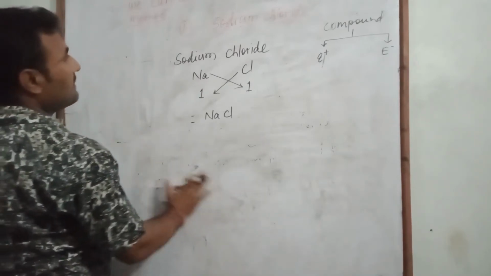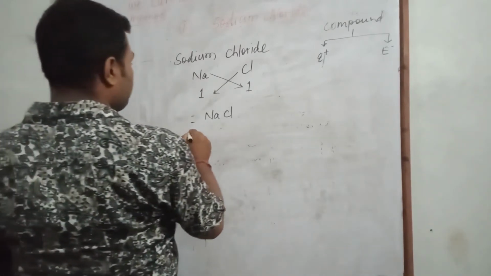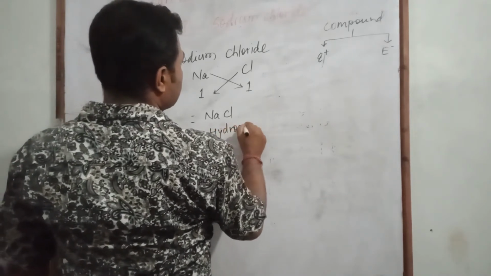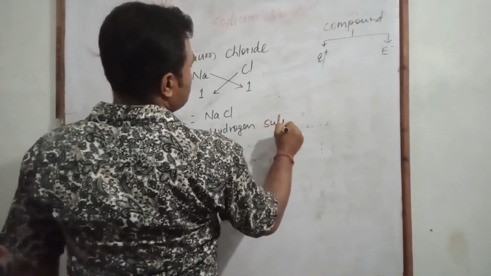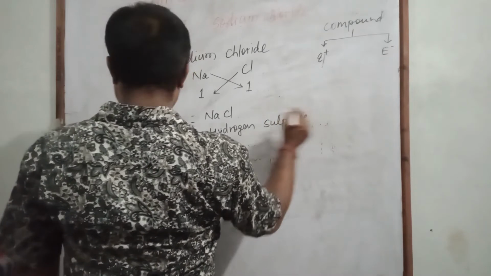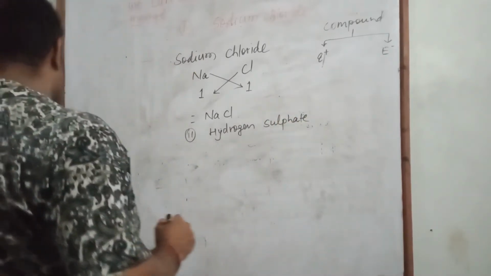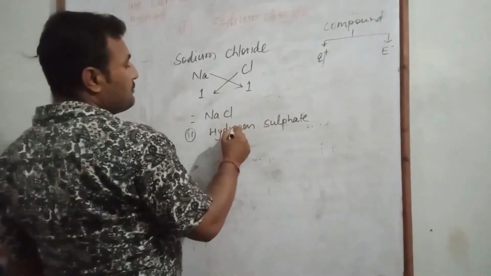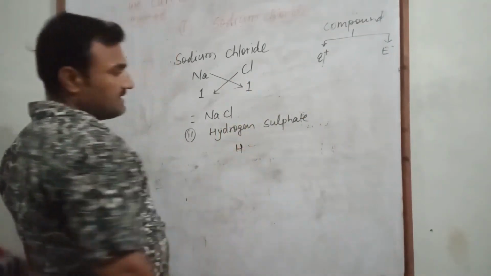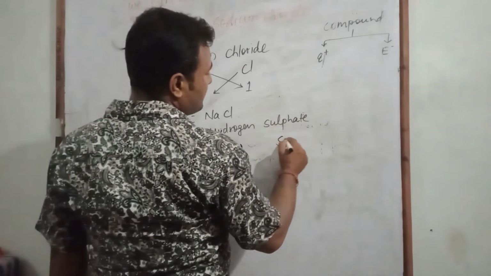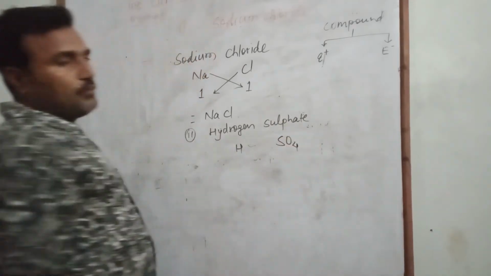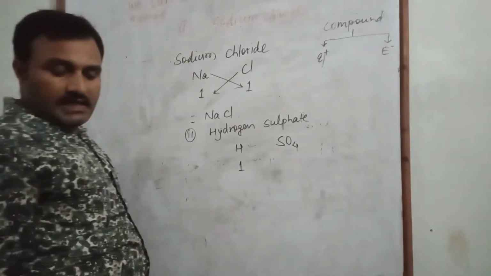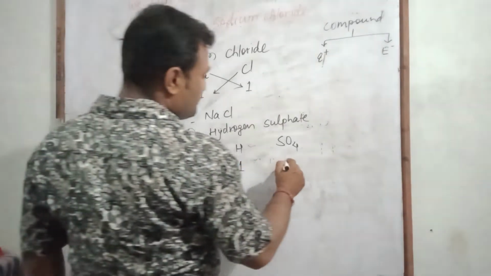Similarly, we write another formula. Suppose the next compound is hydrogen sulfate. Here also two radicals are given, hydrogen and sulfate. Hydrogen is represented by H, sulfate by SO4. Hydrogen has valency 1 and sulfate has valency 2.